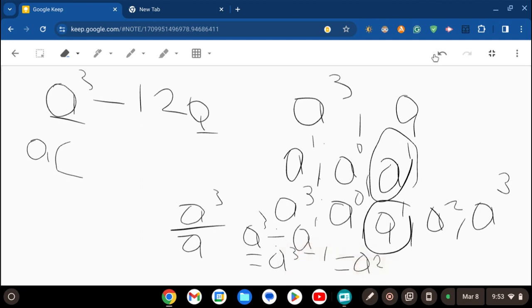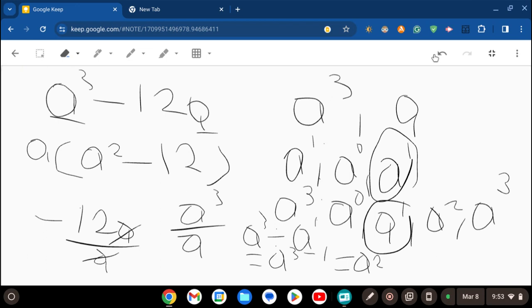So we'll write the a squared in the bracket, because a cubed divided by a is a squared. And now we'll see how many times a can go into minus 12a. So minus 12a over a: the a's cancel each other, leaving us with minus 12. Hence our answer is a open bracket a squared minus 12.